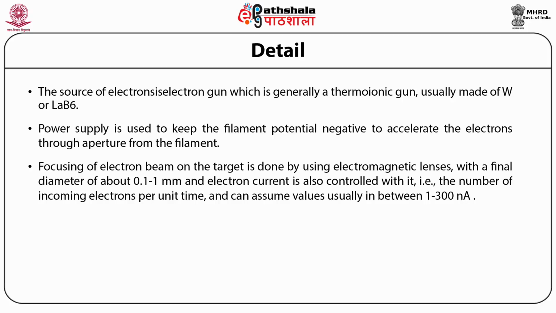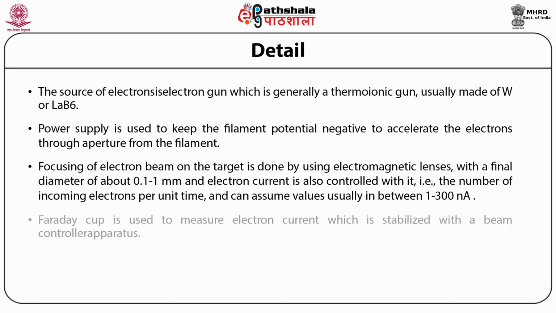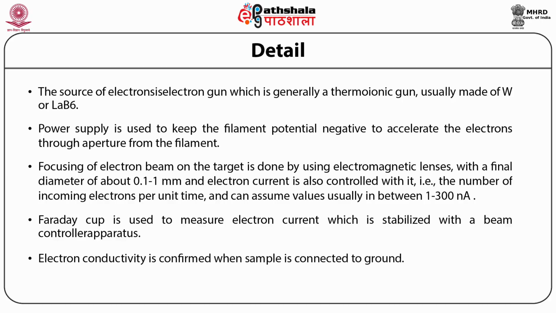That is, the number of incoming electrons per unit time, which can assume values usually between 1 to 300 nanoamperes. A Faraday cup is used to measure electron current, which is stabilized with the beam controller apparatus. Electron conductivity is ensured when the sample is connected to ground.